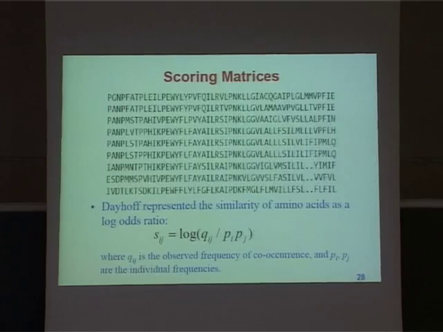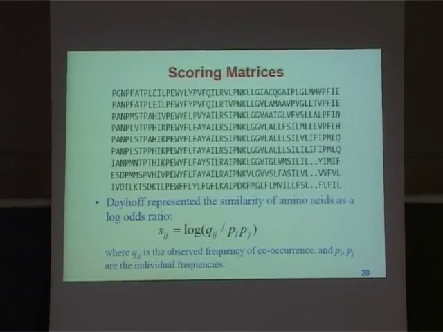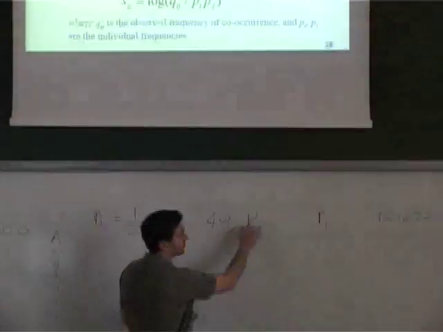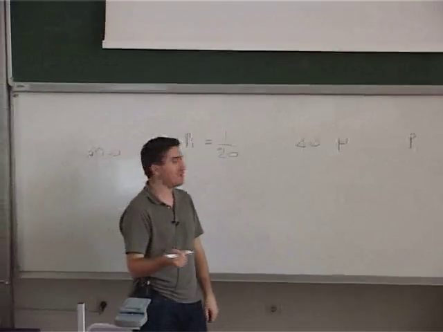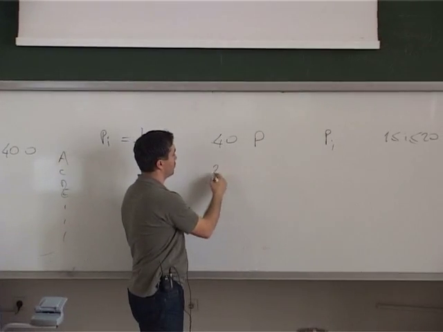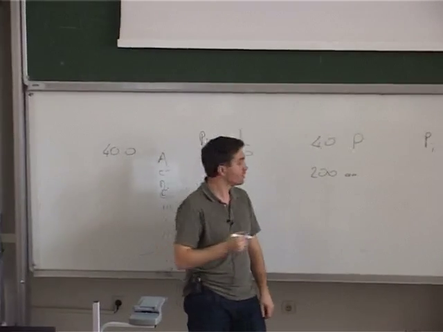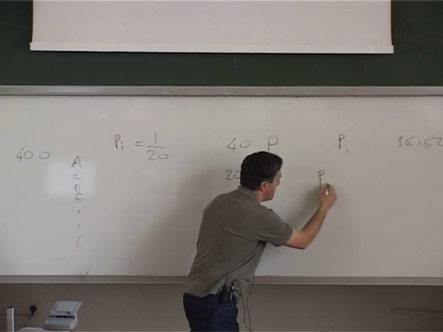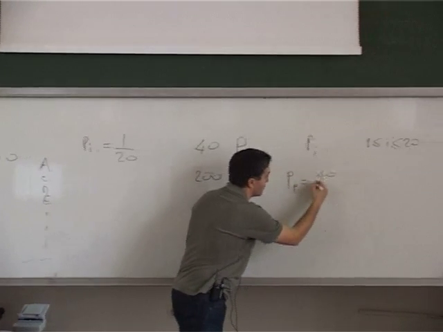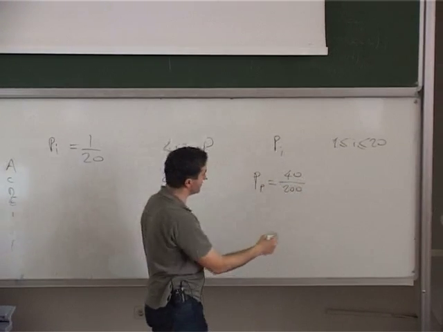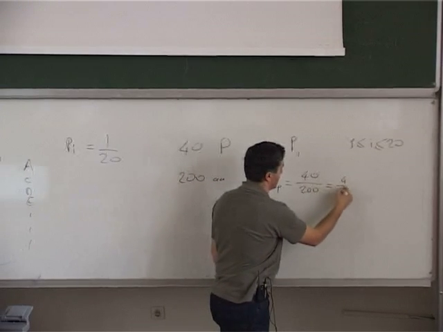So the P amino acid occurs a lot. I didn't actually count, but let's assume out of these 200 amino acids, 40 of them were P. So this PP is going to be 40 divided by 200, which is 4/20.